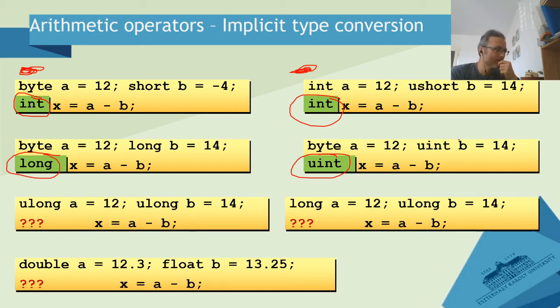It's -2. Yeah, it's -2. But the C# compiler uses an unsigned type, uint, which is not able to represent a negative number.